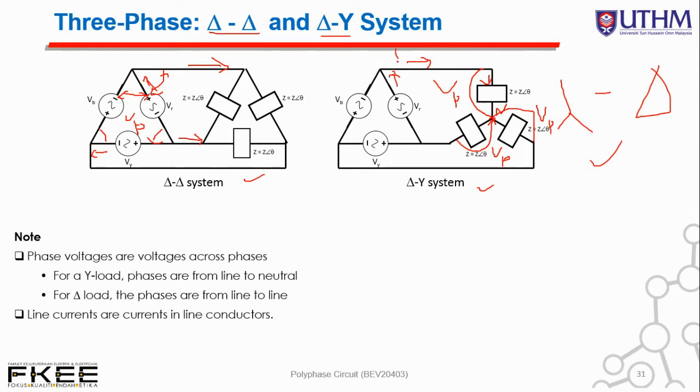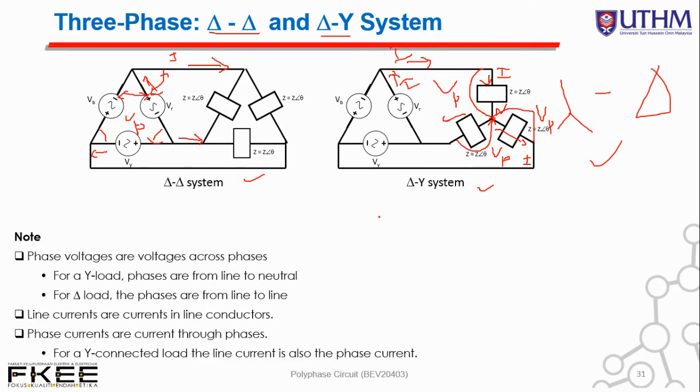This is I, this is another I. This is how current flows inside a star configuration. Here is the I direction, here is another I direction, and so on. For a Y-connected load, the line current is also the phase current. This is very special for the star connection.